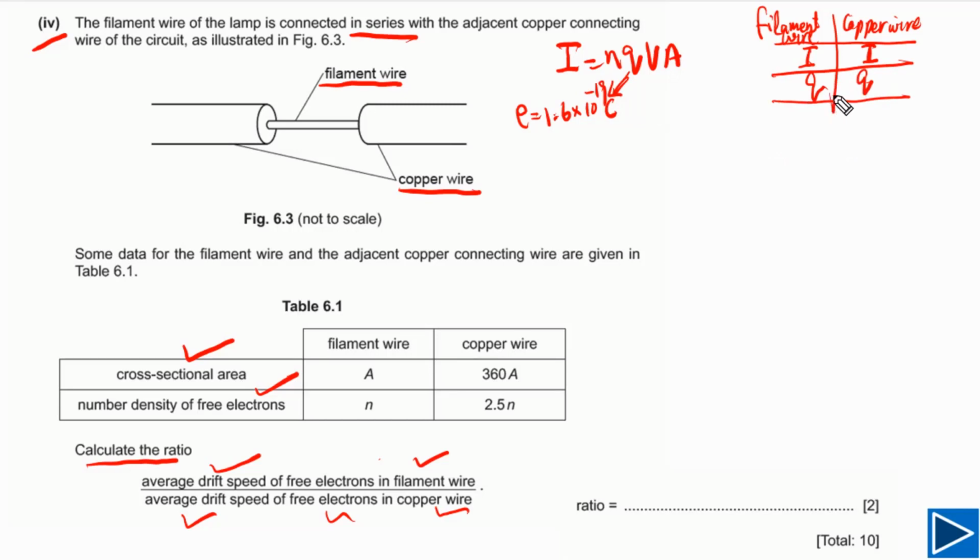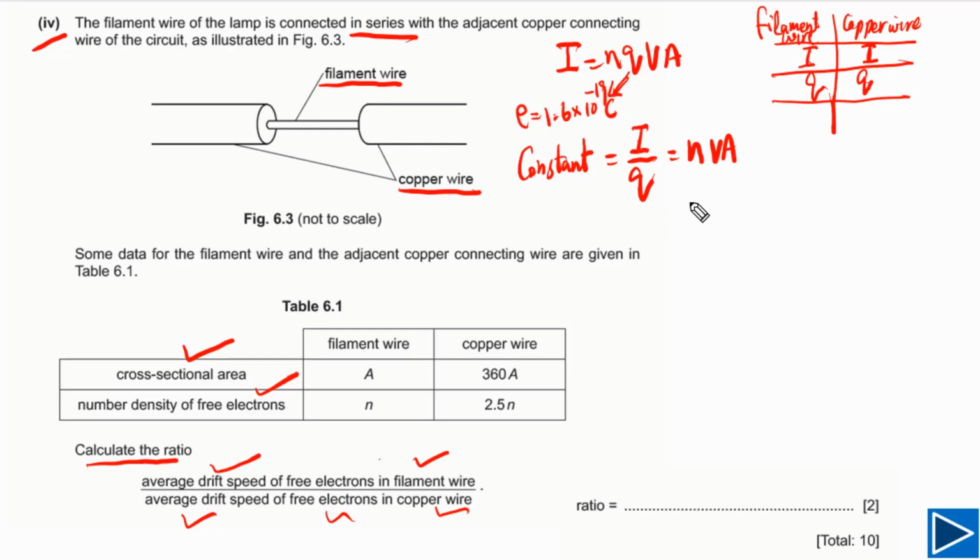So simply we can rearrange this equation and write that I over Q is equal to N times VA, and this ratio between I and Q is constant for these two wires.